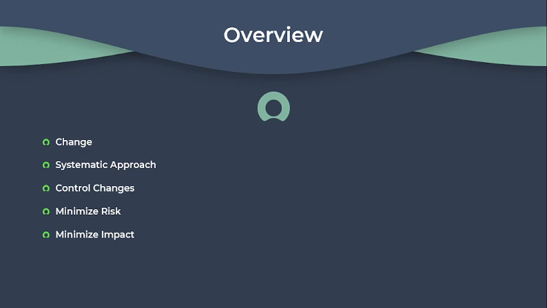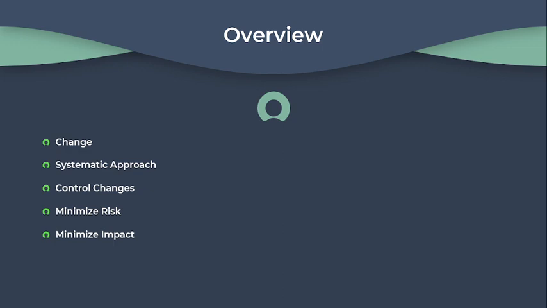ServiceNow change management helps in controlling change by implementing strict policies and procedures. Changes are thoroughly evaluated to assess their potential impact and risks. Only authorized changes that meet predefined criteria are approved and implemented. One of the primary objectives of ServiceNow change management is to minimize the risk associated with change.